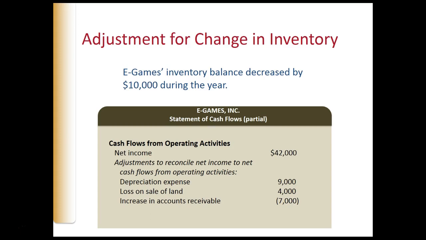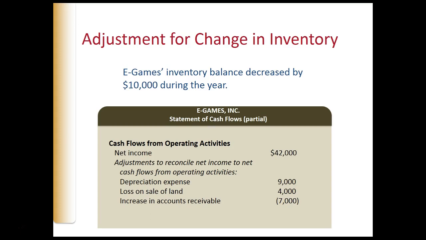Now, eGames' inventory balance decreased by $10,000 during the year. This tells us that the company sold $10,000 of inventory that it didn't replace. This $10,000 is reported as cost of goods sold, which is an expense on the income statement, which reduces net income.